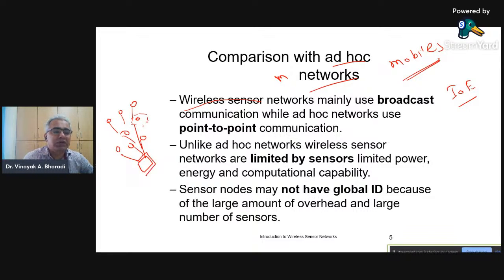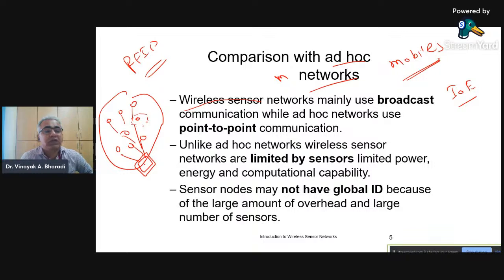There is one device which will communicate with all the sensors. It may not be a reader like RFID, since RFID has a reader, but in a WSN deployment it may be a gateway device, and all the communication goes through that.